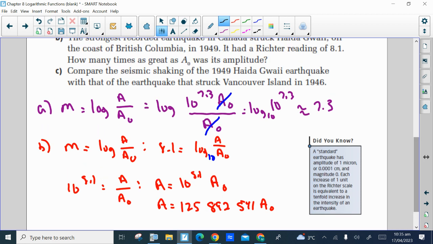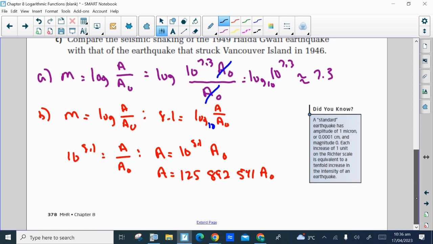Part C asks us to compare the seismic shake of the 1949 Haida Gwaii quake with that of the earthquake that struck off Vancouver Island in 1946. So we want to compare them. We want to know how many times more intense one is compared to the other. Now, the Haida Gwaii quake was the one that was more intense.